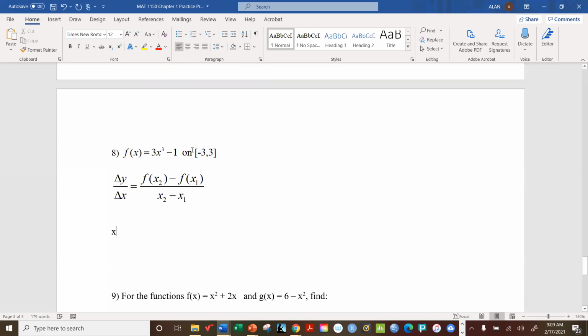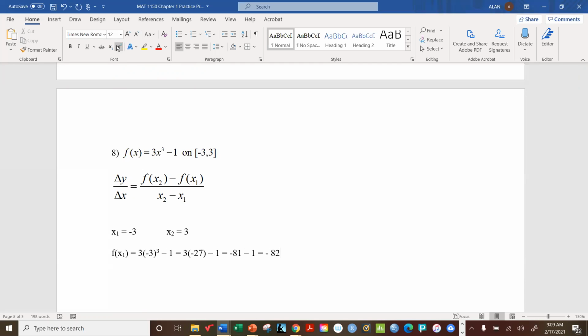This time x1 is negative 3, and x2 is positive 3. f of x1 is 3 times negative 3 cubed minus 1, which is 3 times negative 27, minus 81 minus 1 is minus 82. f of x2, on the other hand, would be 3 times 3 cubed, which is positive 81 minus 1, which is 80.